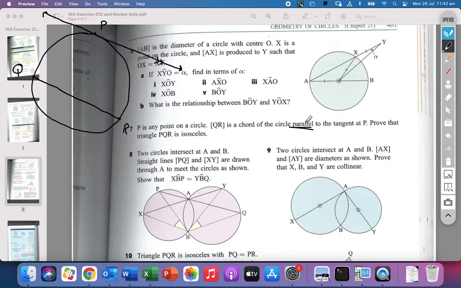Now, I assume that that's important. I think that if it wasn't parallel, this question wouldn't work because we've got to prove that the triangle PQR is isosceles. So I'll draw in this triangle. Mine doesn't look isosceles, but it's just a sketch. So that's parallel.